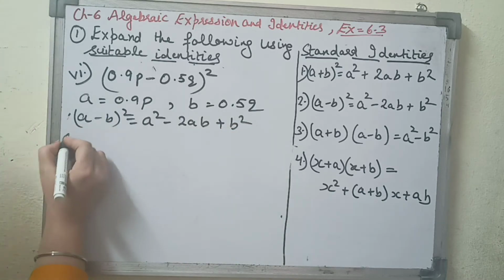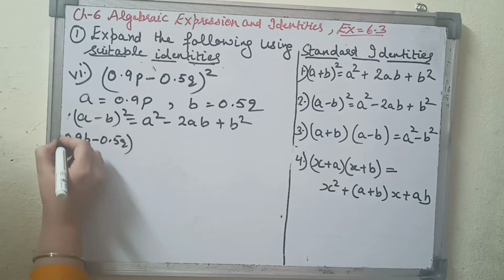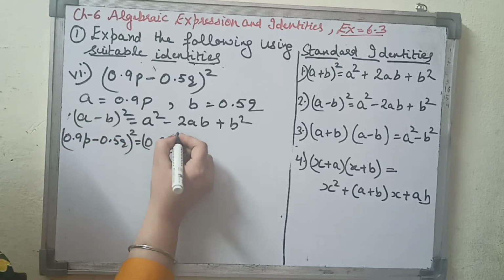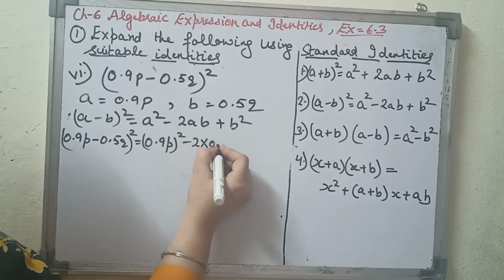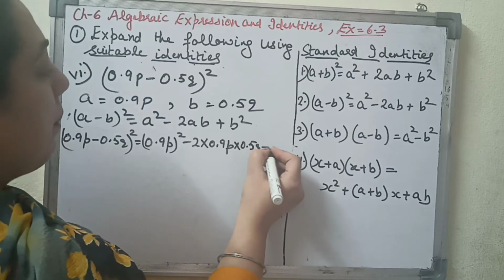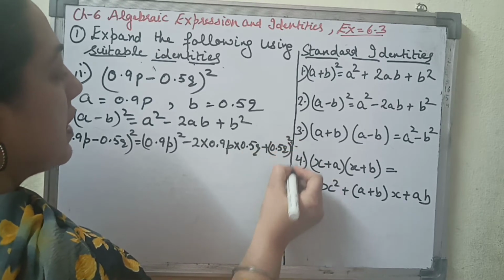Now beta, put the value here, (0.9p minus 0.5q) raised to power 2, it is equal to (0.9p) raised to power 2 minus 2 into 0.9p into 0.5q plus (0.5q) square.